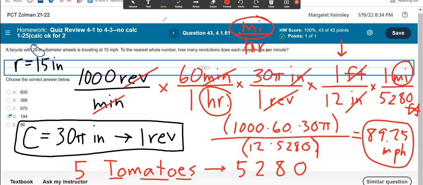Based on the problem you designed, starting in revolutions per minute and converting to miles per hour. Okay, I think I should get that then.